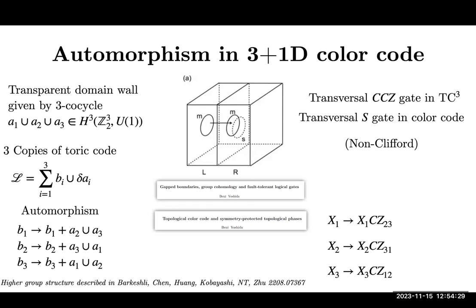That actually gives us some intuition why non-Clifford gates need to go to the 3+1D. In quantum information, there's a theorem that says that if you want transversal gates in 3 dimensions, non-Clifford gates usually go to 3 dimensions.